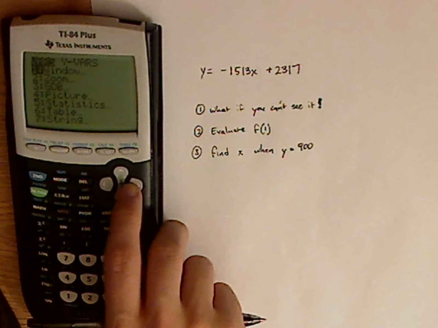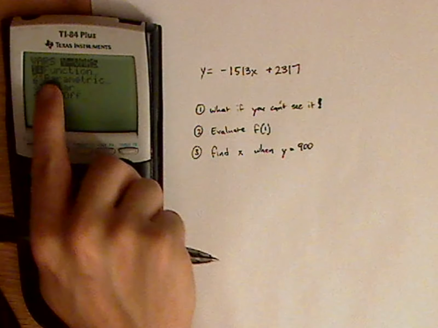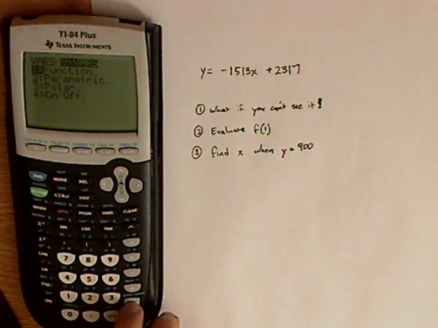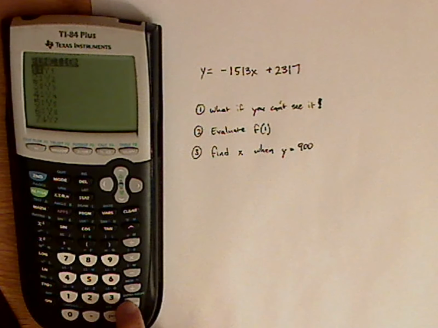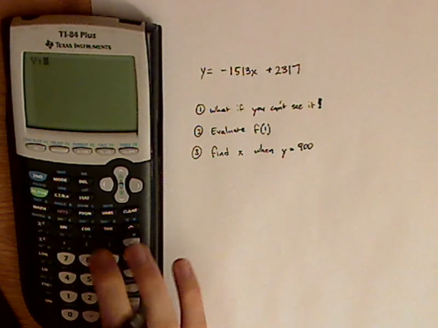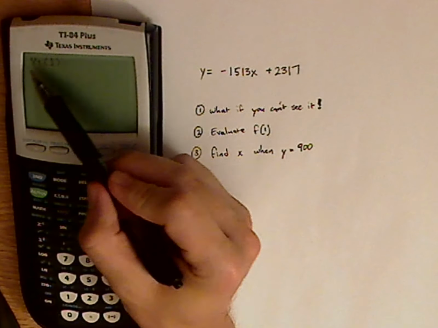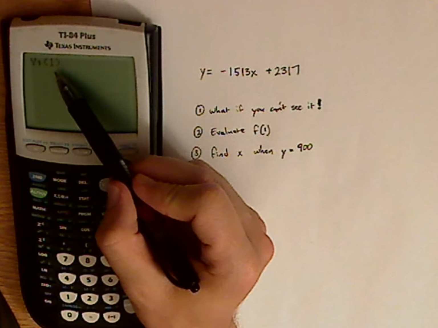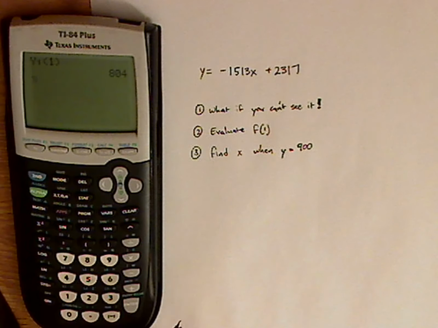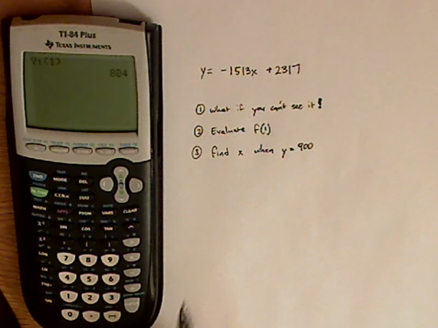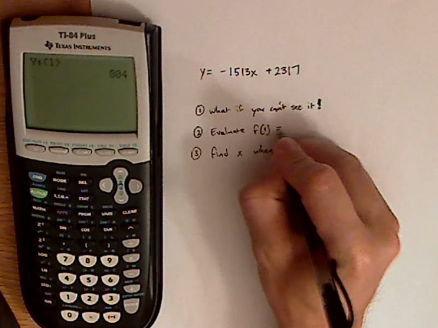Then go to Y VARS, and then you have function. Now this function is y1, so push y1, and then you use the parentheses. It acts like an f of x. If you do those parentheses, you get the same answer. So that's how you do number 2.